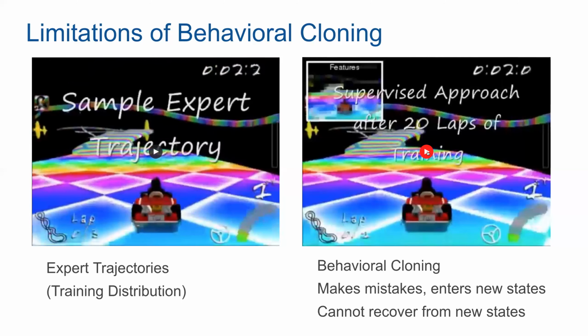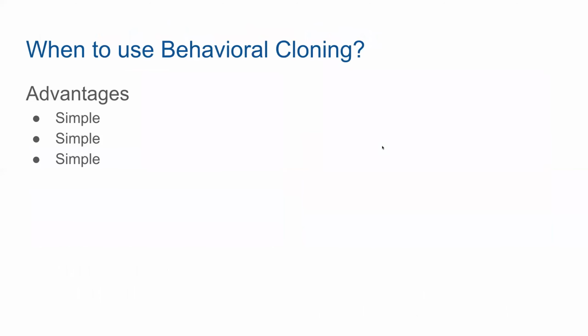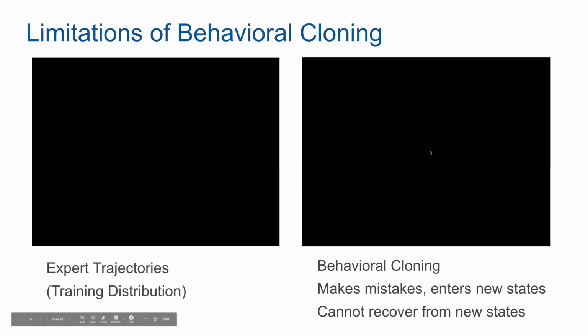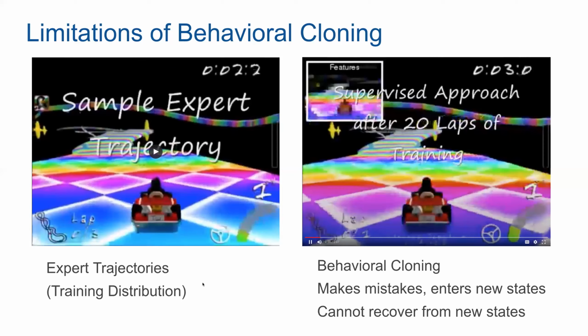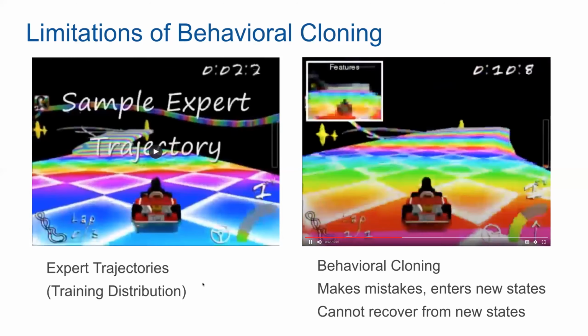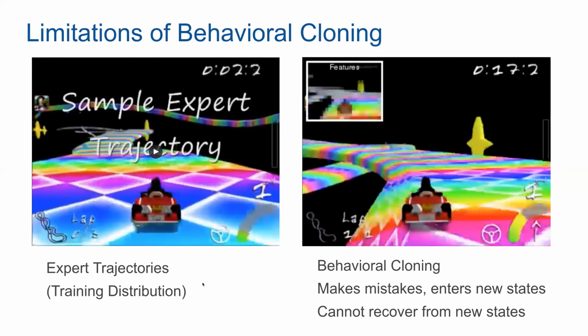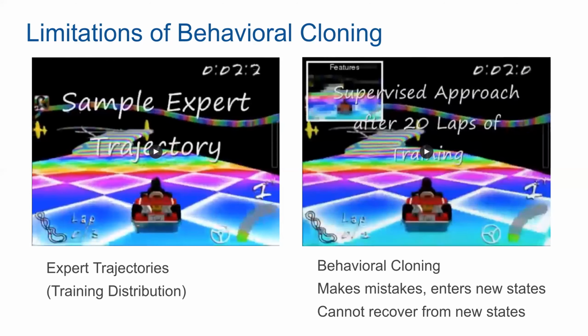This is work by Stephane Ross, who was a PhD student at Carnegie Mellon, now at Waymo, I believe. So this is behavioral cloning trained on the demonstrations. And then at some point, it makes a mistake because it doesn't imitate the expert perfectly. And then it goes crazy because it's encountering states that it has never seen before during training, and that the expert has never visited during training, and it cannot recover.